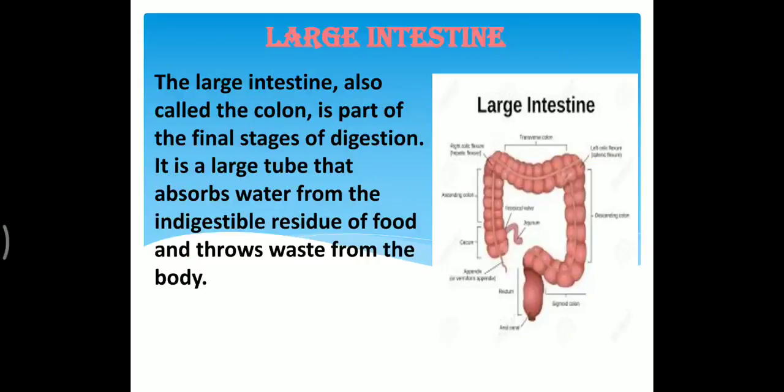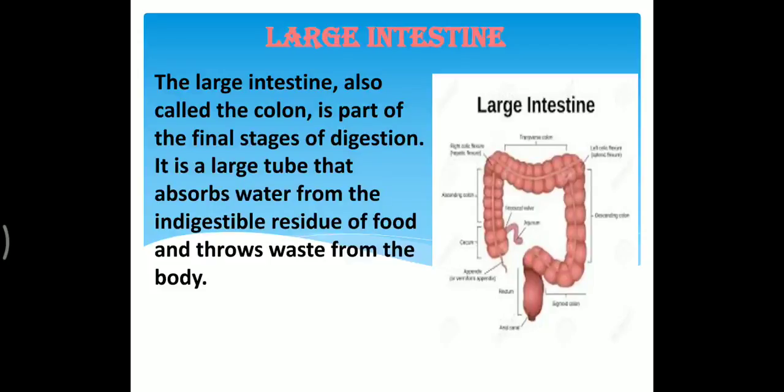Now comes the last organ in the digestive system, that is the large intestine. The large intestine, also called the colon, is part of the final stages of digestion. It is a large tube that absorbs water from the indigestible residue of food and throws waste out of the body.